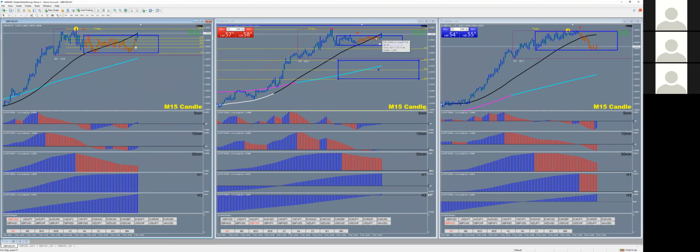Pound Swissy. It's still mixed. 30 is red.